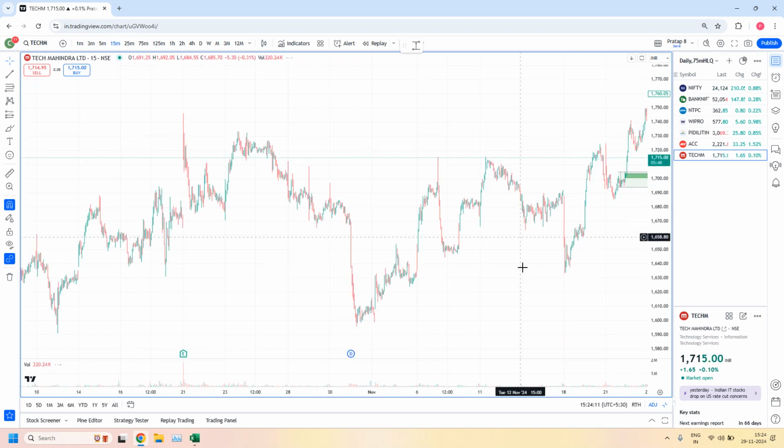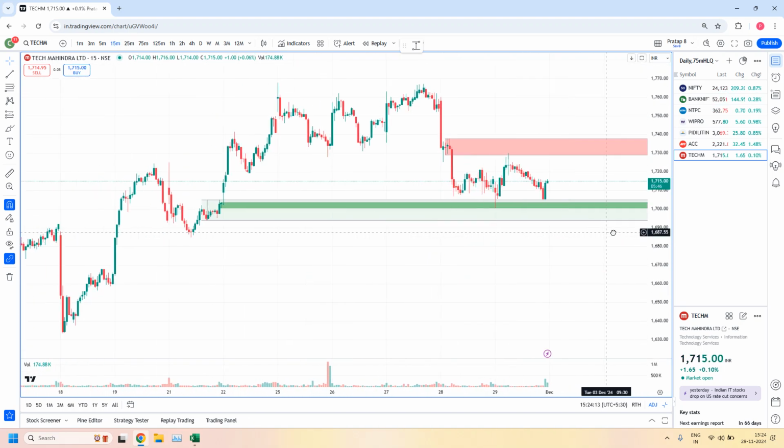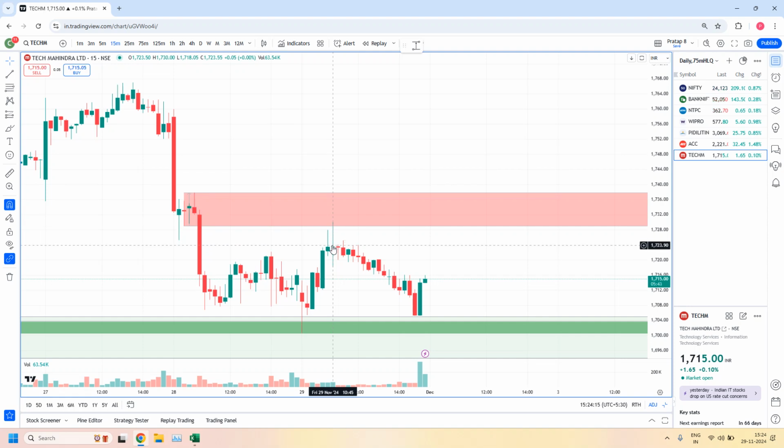So anyway, this stock reached the 15 minutes target at the 10:45 candle. In the morning around the 9:15 candle, 9:16 or 9:17, you got the trade. So within 1.5 hours, you might have held the trade for 1.5 hours.